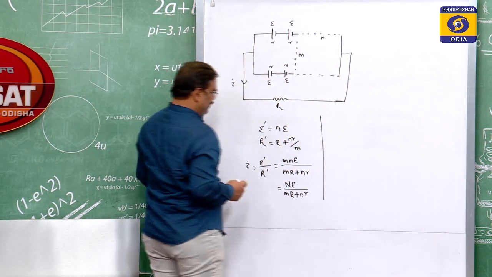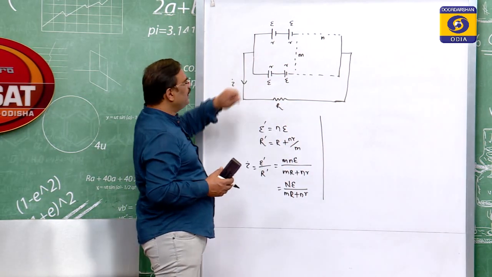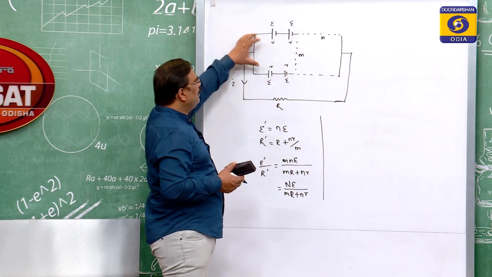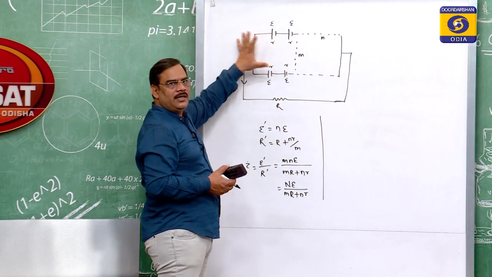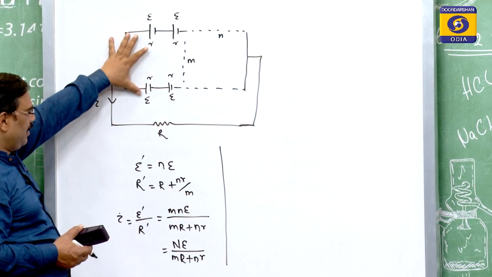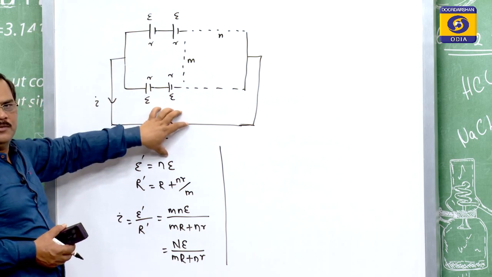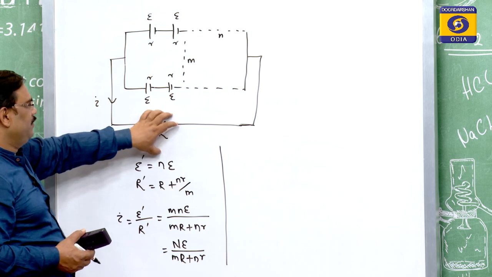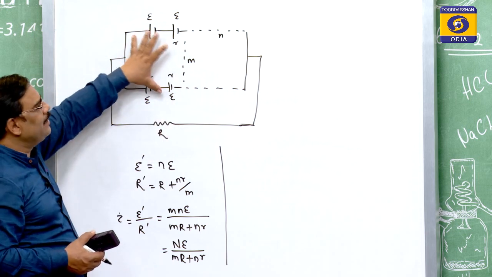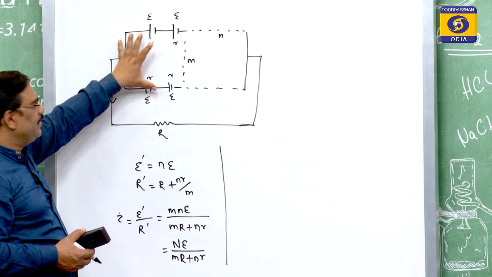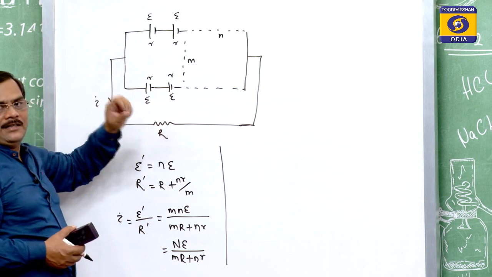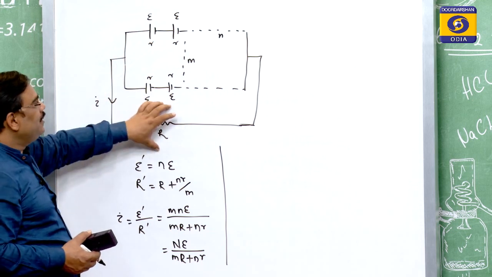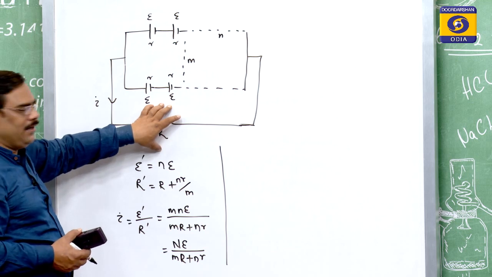Now, the question arises: in which condition will this combination of cells deliver maximum power across the load, which is very important? Suppose we are connecting a bulb here. What must be the combination of the cells in which the bulb will glow brighter? That is very essential in network analysis.